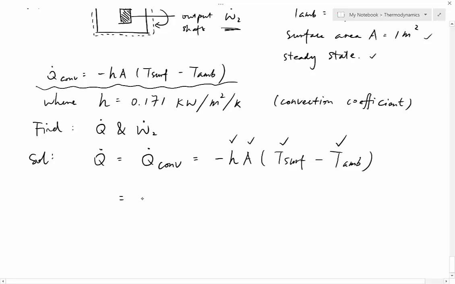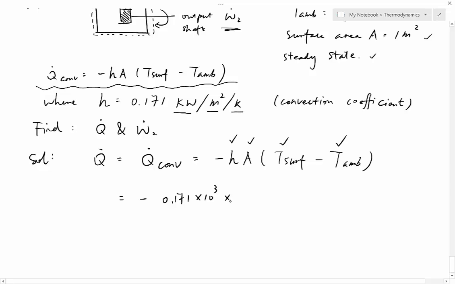Okay, negative H, what is H? 0.171. Be careful about the units: kilowatts, meter square, Kelvin. There's one that is not SI. Which one is it? Kilowatts. So we need to convert kilowatts to watts, which is SI, by multiplying 10 to the third.